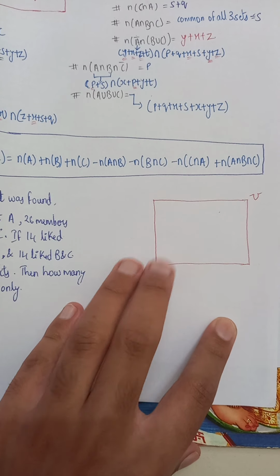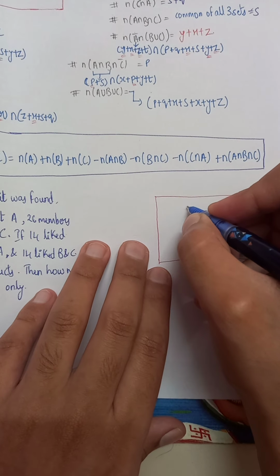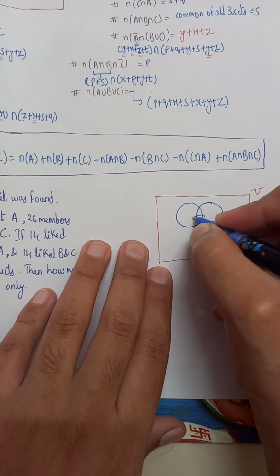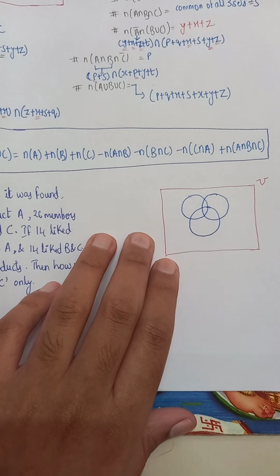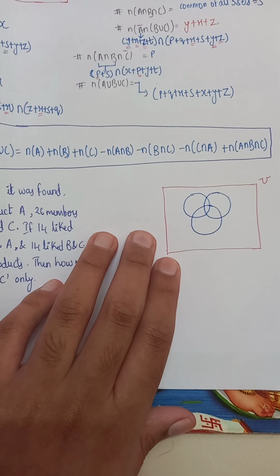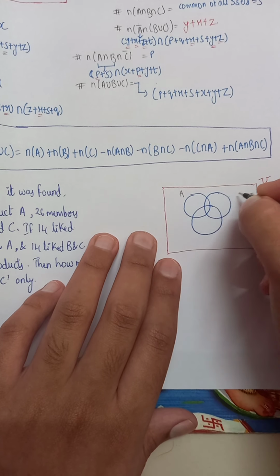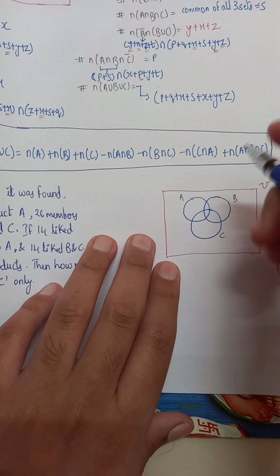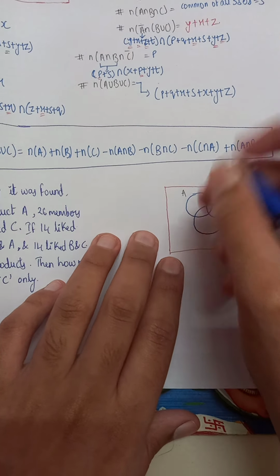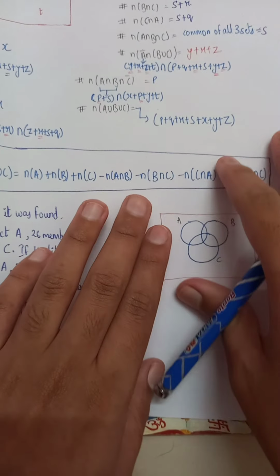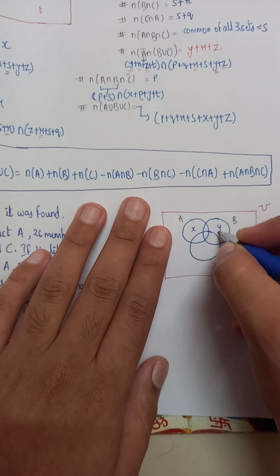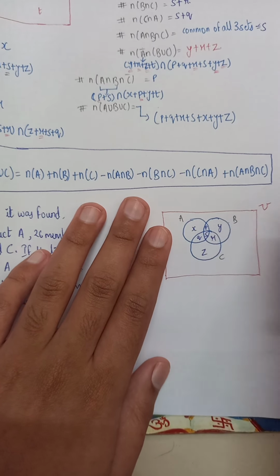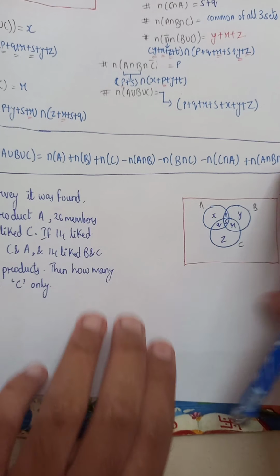There are three sets: set A, set B, and set C. Like yesterday, we will represent the elements as x, y, z, p, q, r, s. Now let's start writing these values.